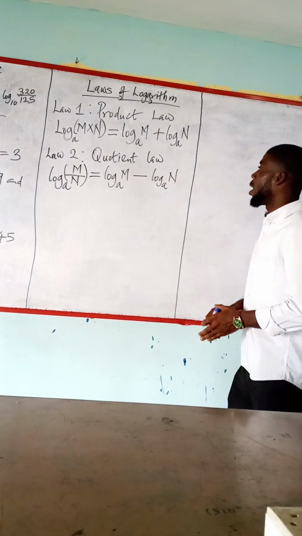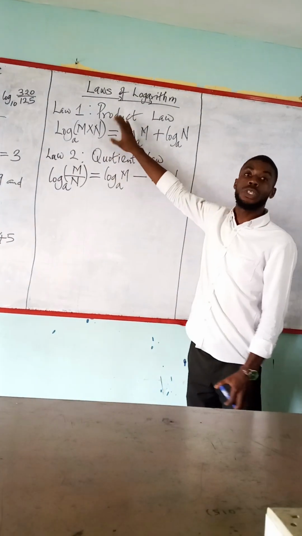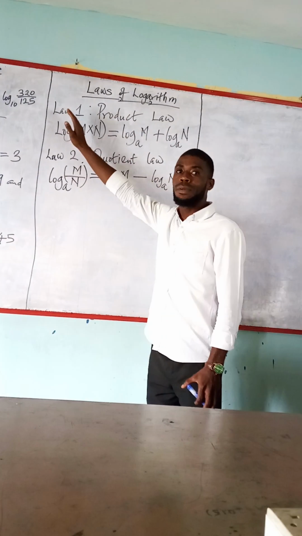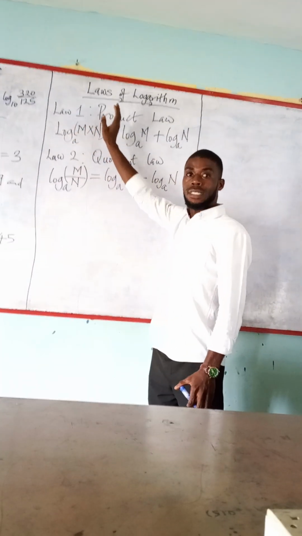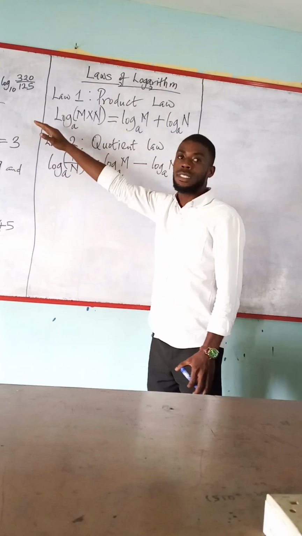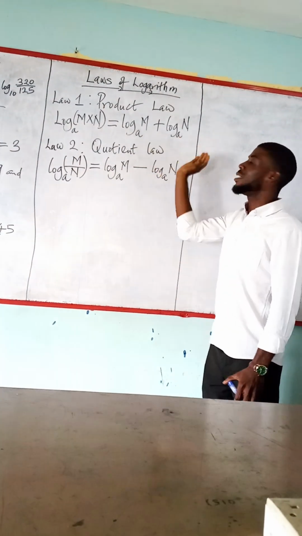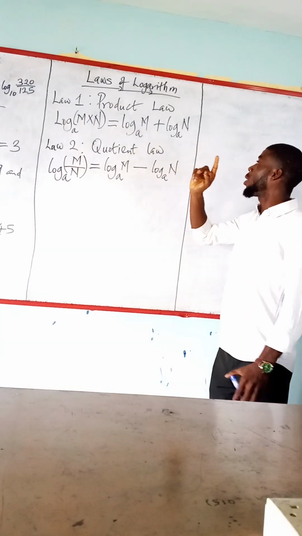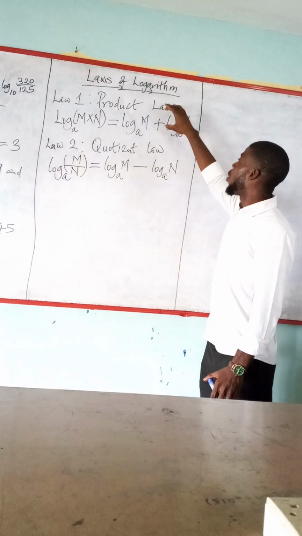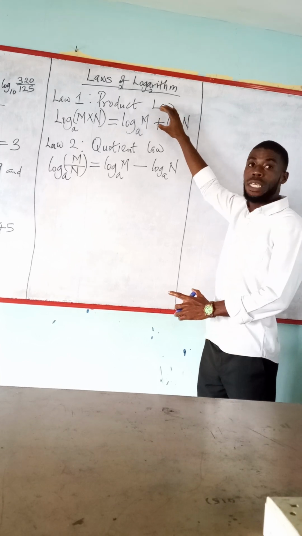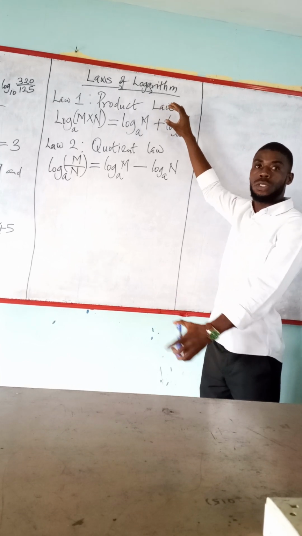Very interesting. And remember that this is an equation. What does equation mean? That whatever you see on the left hand side is exactly the same thing as what you see on the right hand side. Meaning that if, for instance, I have a long question like this, what I need to look out for is if the operation here is plus, the first thing that will come to my mind is that this could be a possible product law.